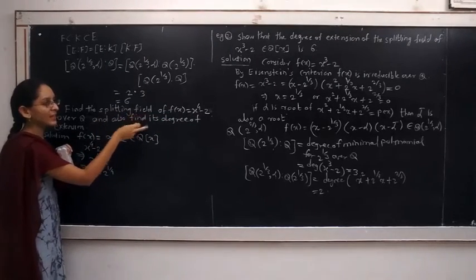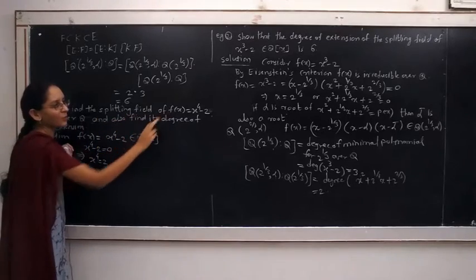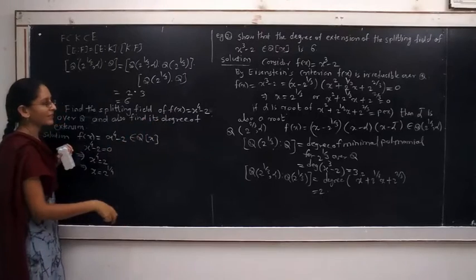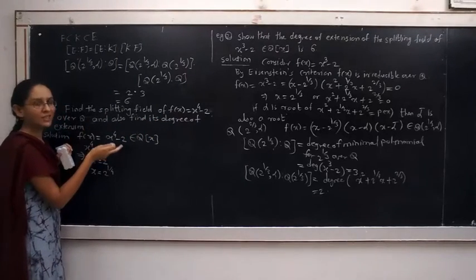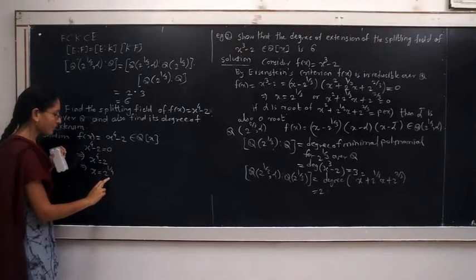Splitting field means the extension of the given field Q which contains all the roots of the polynomial f(x), and the polynomial f(x) factors linearly over that extension field of Q. This is only a single root.